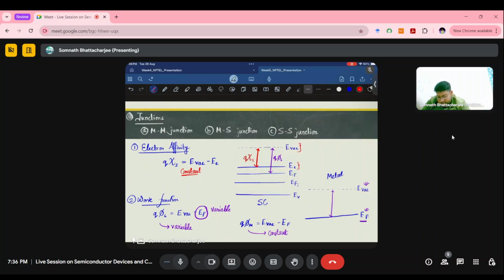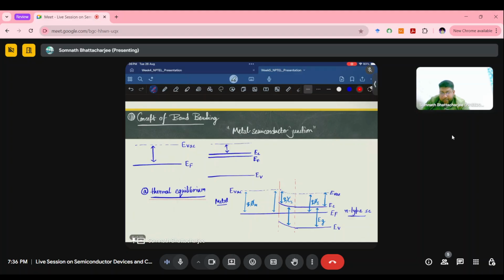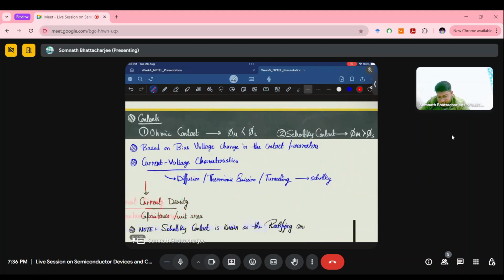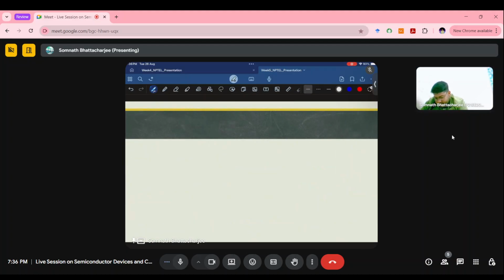So in case of a metal semiconductor junction, the main phenomenon is called band bending. So if a metal contact is here, let me draw it somewhere. If we have a metal contact, we have an E vacuum for the metal, we have an EC, and based on that we would have these things as well.